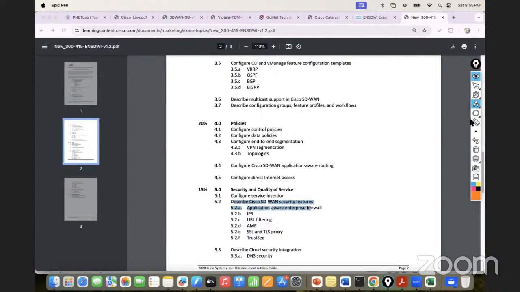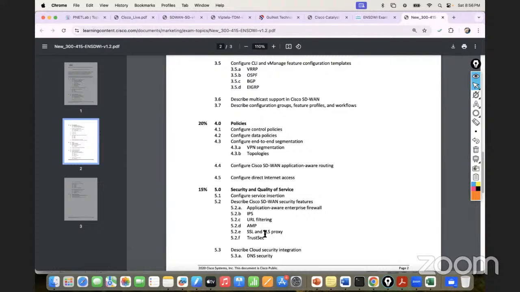Although you don't have to learn this in this particular course content, because it's not actually required, as an SD-WAN engineer you have to understand how application aware routing is going to be configured, how the firewall is going to be enabled, how IPS intrusion prevention is going to be enabled, how URL filtering is going to happen, how AMP is going to be configured, how the SSL TLS proxy is going to be configured, right?